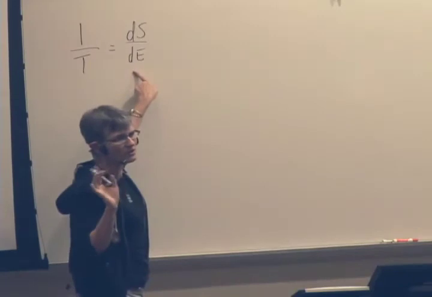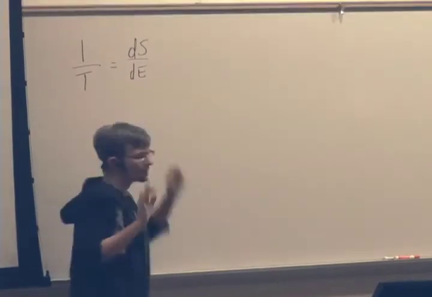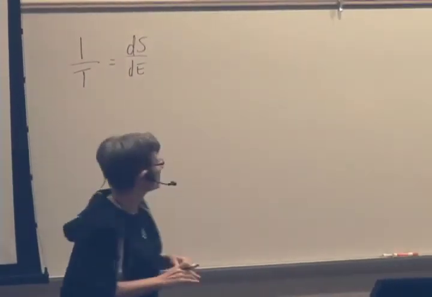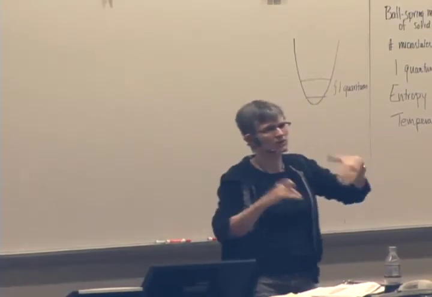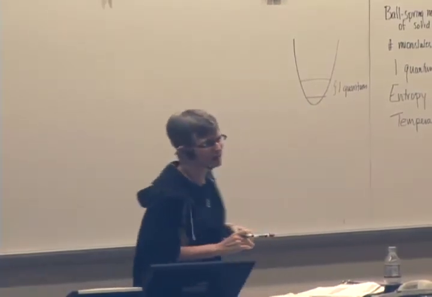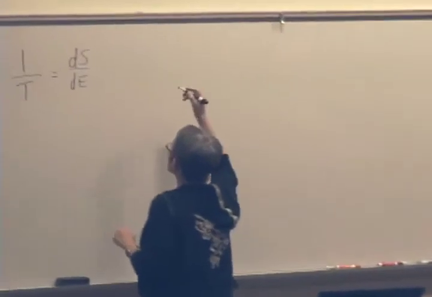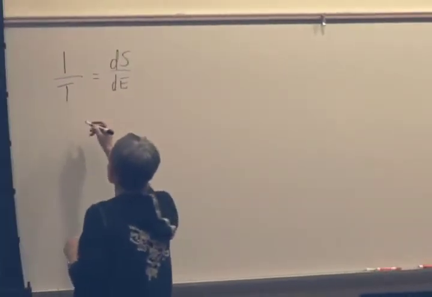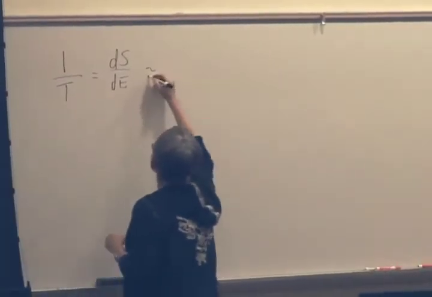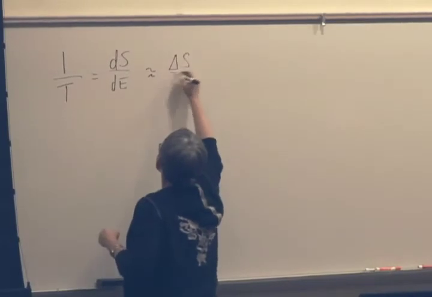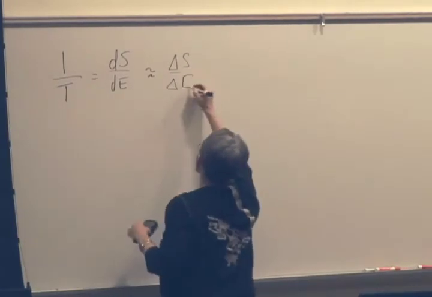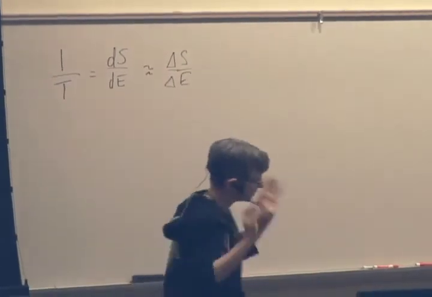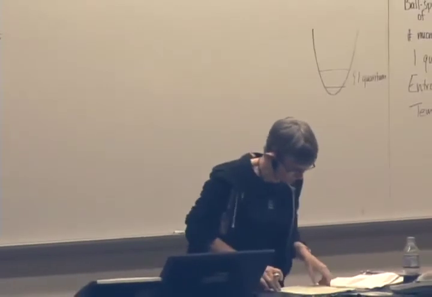Taking a derivative is a little difficult because energy keeps getting added in little pieces, so you can't figure out what's happening when you've added half a quantum. You just can't do that. So really, for our purposes, if we can get a delta change in entropy over change in energy, we can actually calculate temperature, and we did one of those calculations last time.